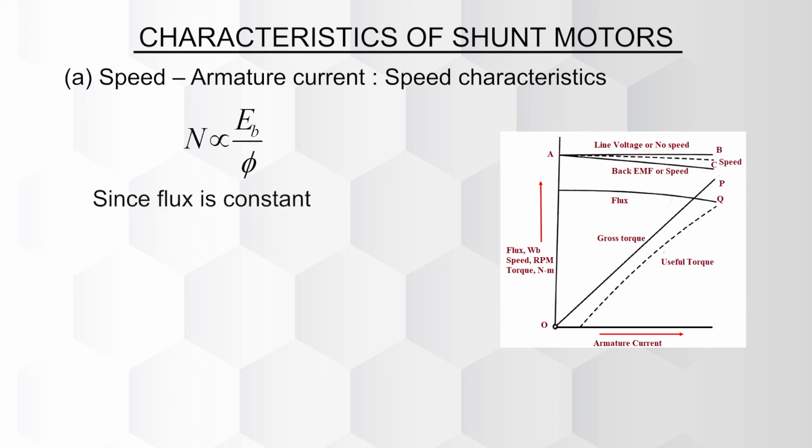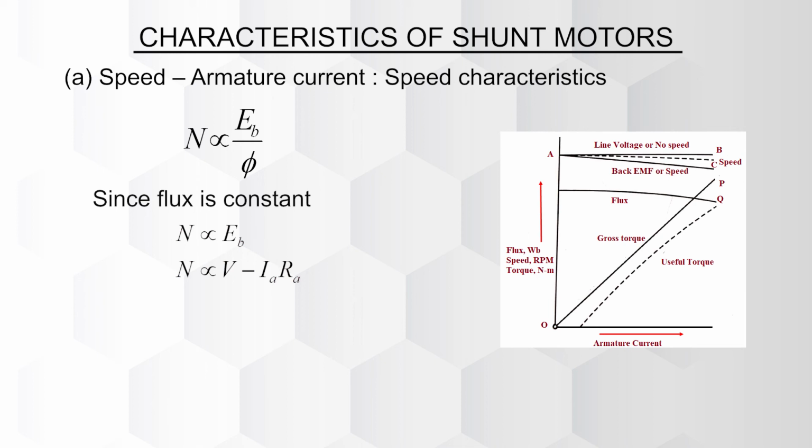Since flux is constant in case of DC shunt motor, because this flux depends on the field current, and this field current depends on the supply voltage. This supply voltage is constant, that means field current is constant. If field current is constant, that means flux is constant. So you can say that speed is directly proportional to back EMF.